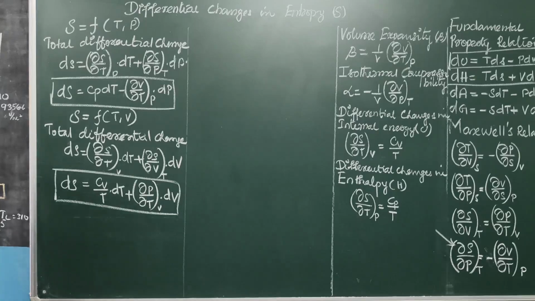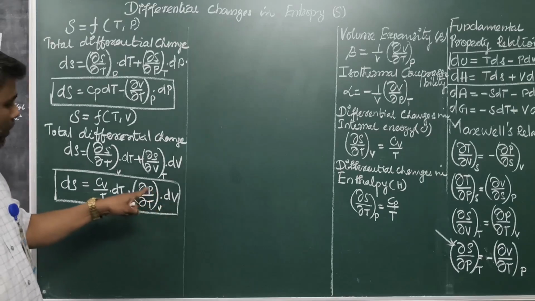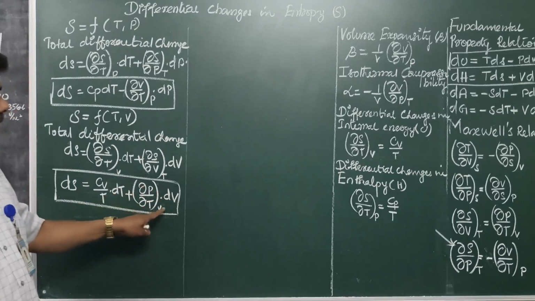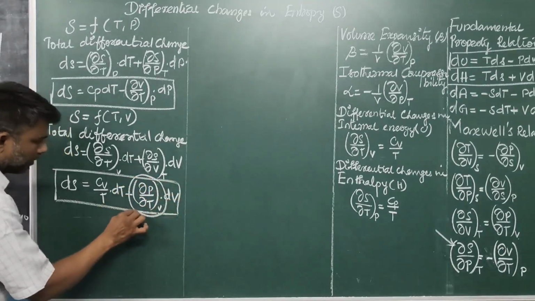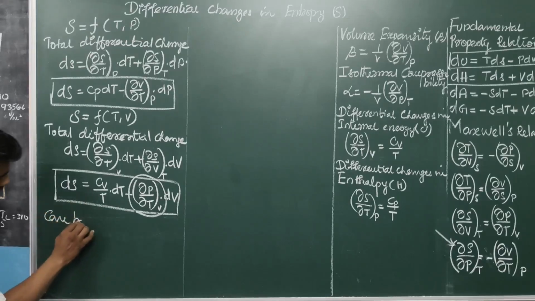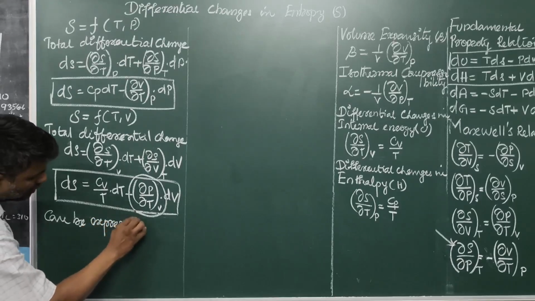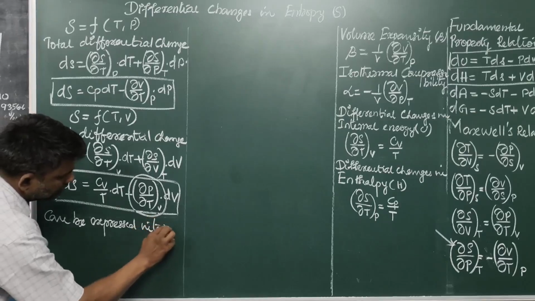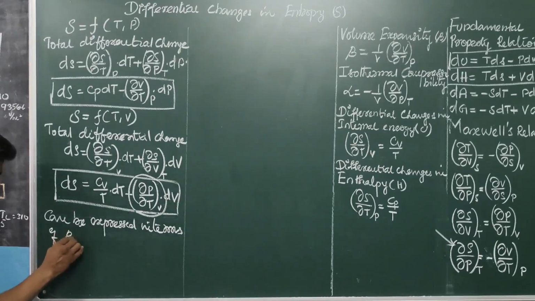Clear? Next, in this equation, the partial derivative term dou P by dou T at constant volume can be expressed in terms of isothermal compressibility and volume expansivity.